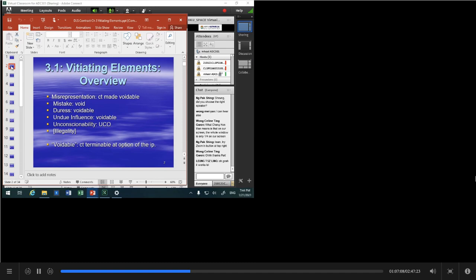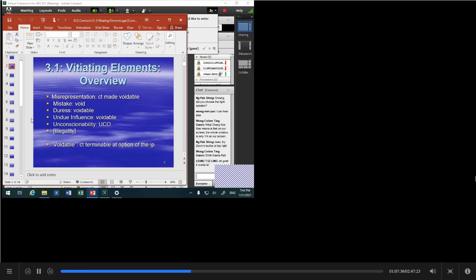The courts in Ingram and Little, Lewis and Avery, and Cundy and Lindsay boil down to this. The courts are saying if you're dealing with somebody face to face, it's assumed identity is not an issue. You are assumed to be dealing with the person who's standing right in front of you. And so there will be no operative mistake as to identity if you're dealing with somebody face to face. You could have an operative mistake as to identity if you're dealing at arm's length. That's the Cundy and Lindsay case.